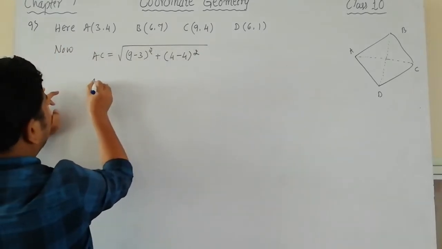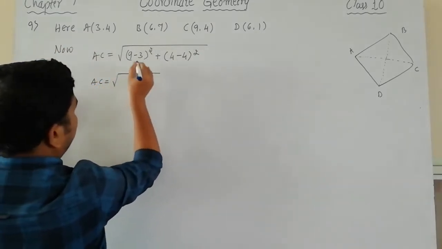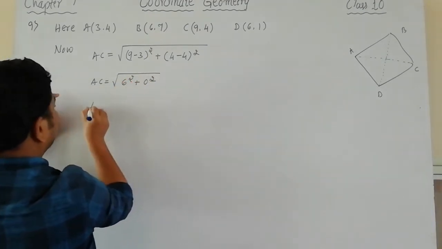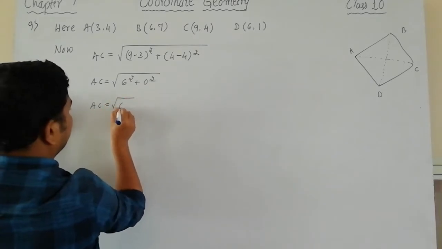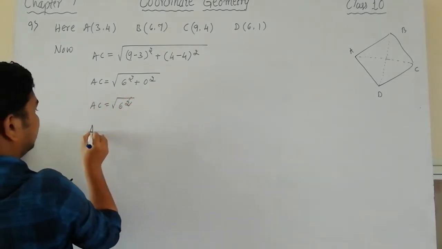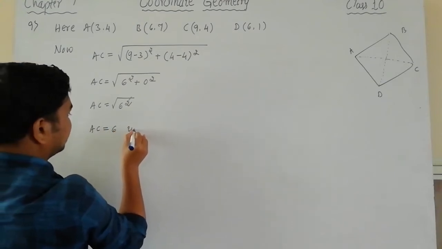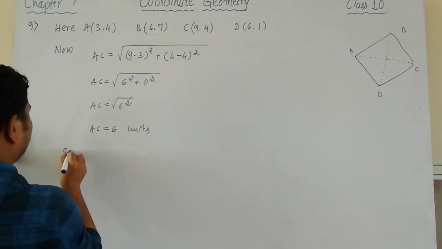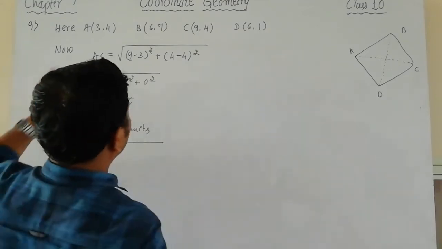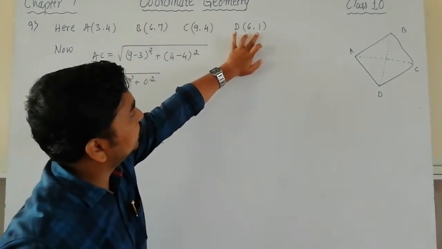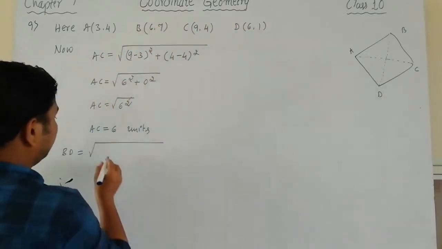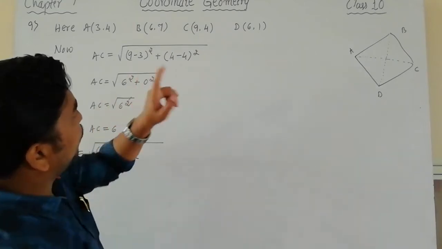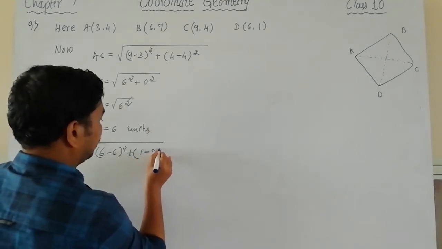So AC is square root of 9 minus 3 means 6 square, plus 0 square. Therefore AC is just 6 square, and square and root get cancelled, so AC is 6 units. In the same sense I am going to calculate BD. BD is equal to square root of x2 minus x1, 6 minus 6 whole square, and then plus 1 minus 7, 1 minus 7 whole square.